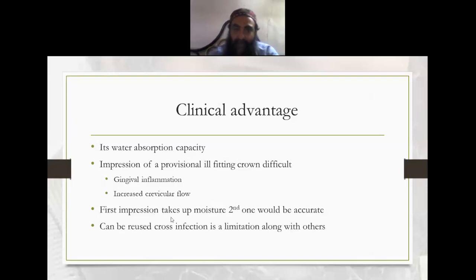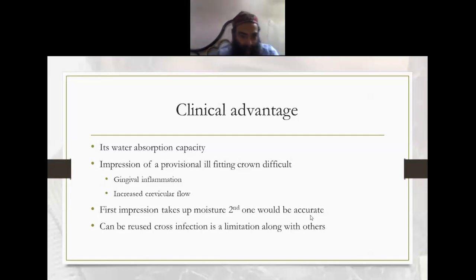The first impression takes up moisture because it has the capacity to imbibe. And the second one would be accurate, with no gingival inflammation and no increased crevicular flow. So we are able to take an accurate impression.